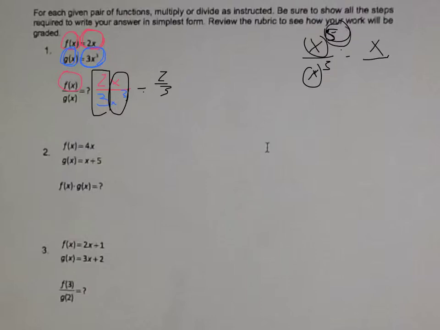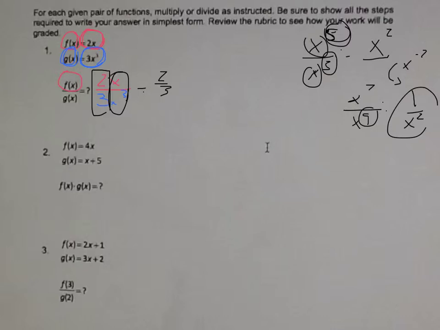All you do is subtract these two: 5 minus 3 is 2. Now, if it had been x to the 7th over x to the 9th, this is bigger, so x is going to end up on the bottom. 7 minus 9 is actually negative 2, but that's the reason I do this little trick, so you don't have to worry about negatives. Otherwise you'd get x to the negative 2, and then you'd have to switch it to the bottom, which we already did.